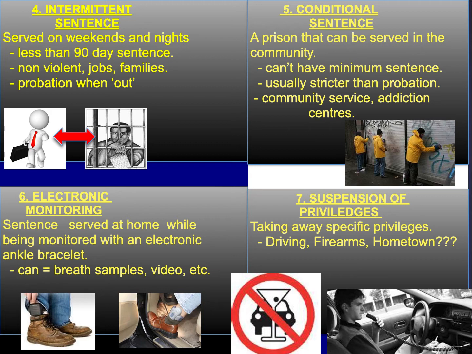Number seven is suspension of privileges, such as the suspension of a firearms license, suspension of driving, or suspension of motor vehicle licenses. It's a license that has been taken away, and that's the idea: whatever privilege a person had has now been taken away.